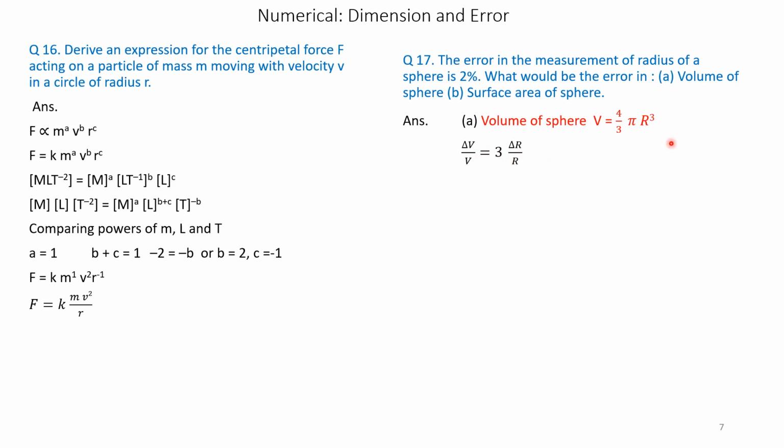This 3 is because of the R cube. In terms of percentage, ΔV/V × 100 equals 3 × ΔR/R, given as 2%. That is 3 × 2% is equal to 6%.